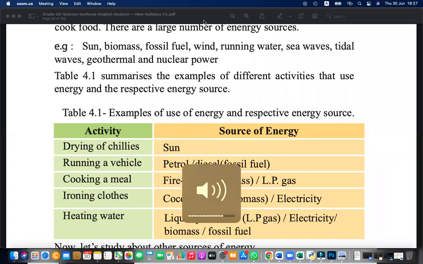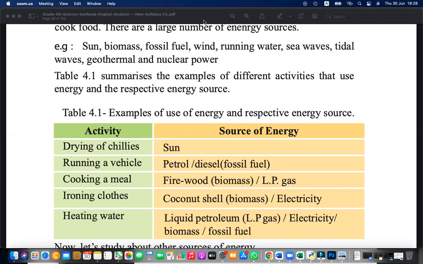There are a lot of alternative ways. Other than firewood and LP gas, is there any other way? Yes, firewood and gas.